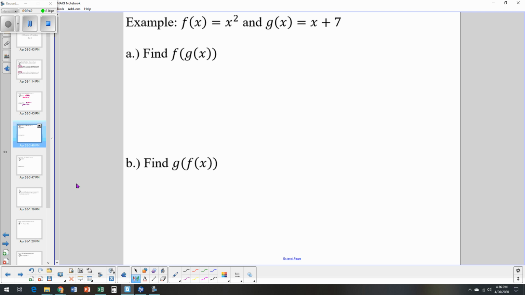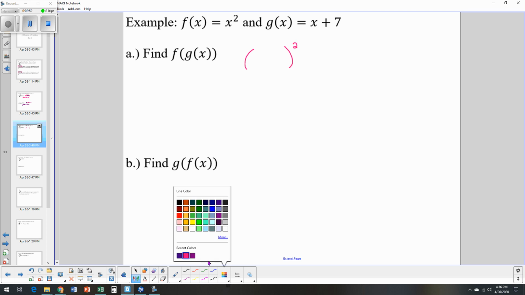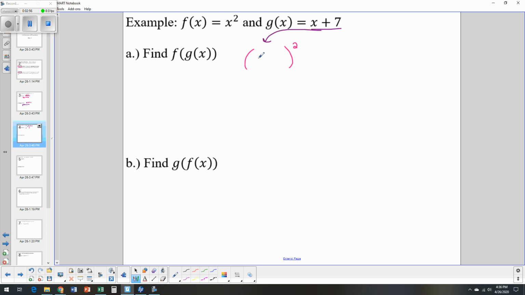f of x equals x squared, and g of x equals x plus 7. So for f of x, it was x squared. It's a value squared. So if we were to plug in g for the parentheses, we have x plus 7 squared. Remember, that really means x plus 7 times x plus 7. So we're actually going to have to FOIL or distribute this out.